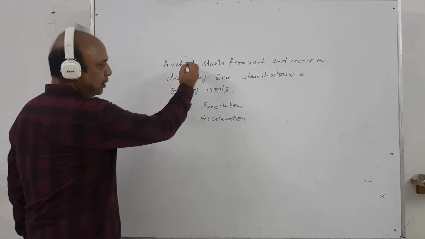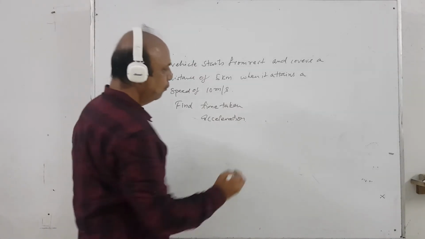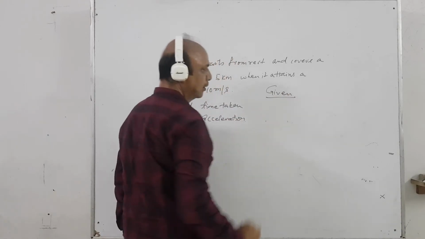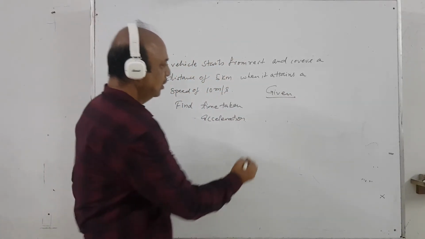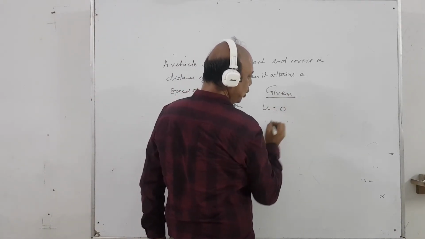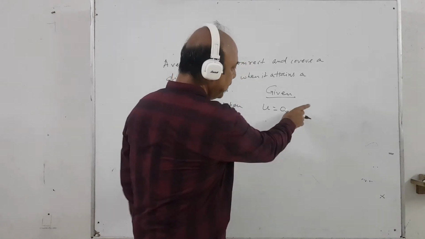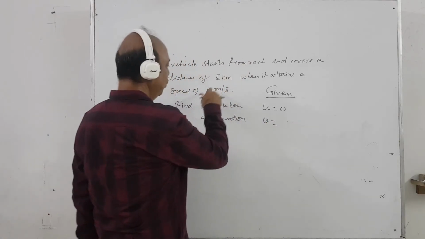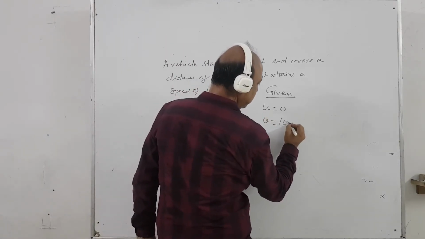Now see here, as I said earlier, first we have to write given. What is given? U is equal to 0. I am not writing the unit in front of you. V is equal to 10 meters per second.